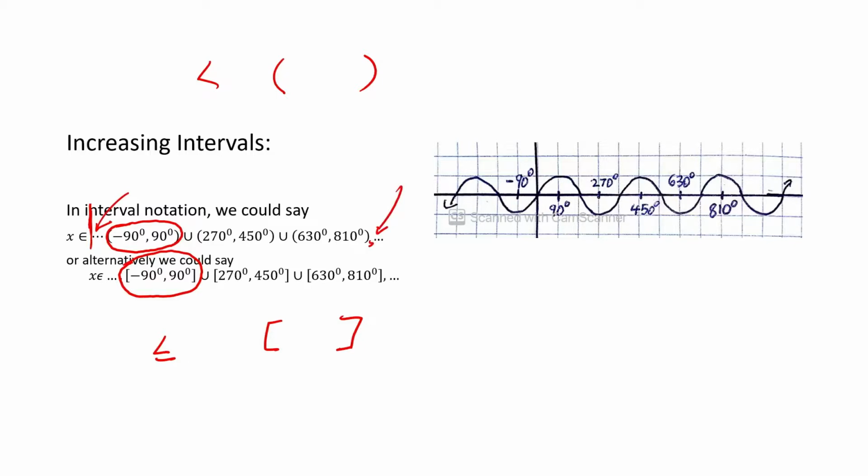Should be a comma there. But you've got the dots going in both directions, x element of, and that lets the reader know that there's a pattern going on in both directions. Here's one increasing interval, here's another increasing interval, here's another increasing interval, etc.